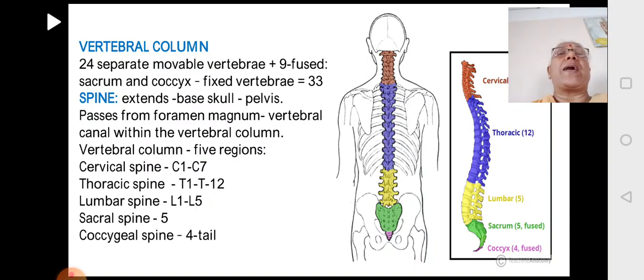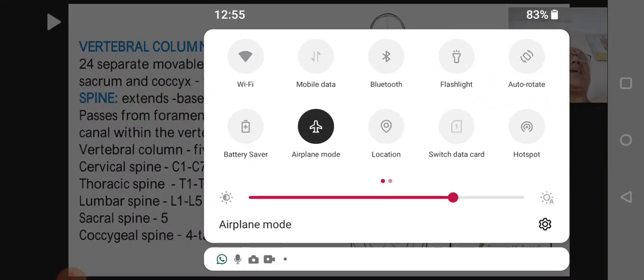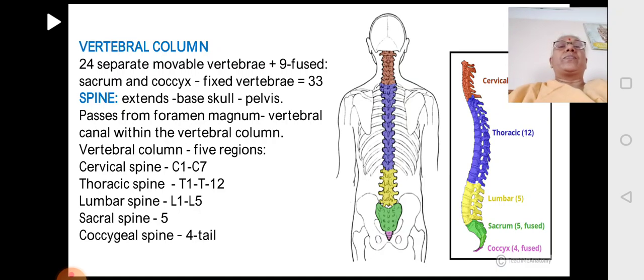The next part is the thoracic part, where you have the thoracic vertebrae, which form the thoracic spine. There are 12 vertebrae in the thoracic region.